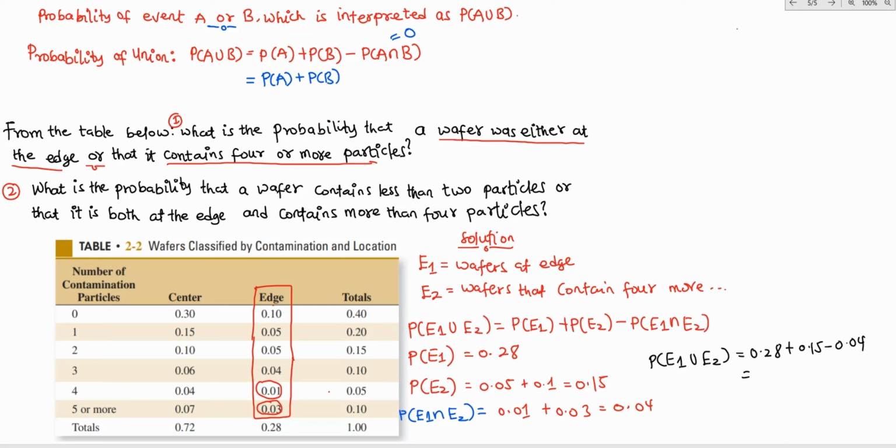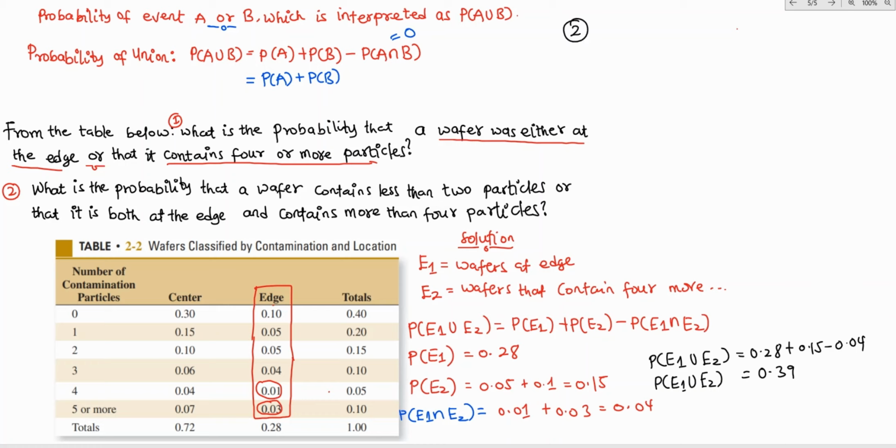We have 0.28 plus 0.15 minus 0.04. This will give us a value of 0.39. So that means that the probability of E1 union E2 will be equal to 0.39. That's how to apply the addition rule for the probability of a union. So let's look at the second question also.